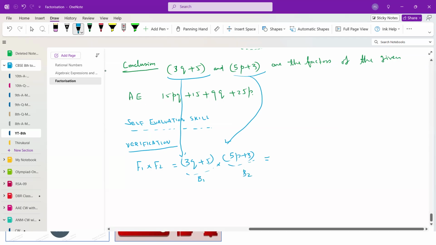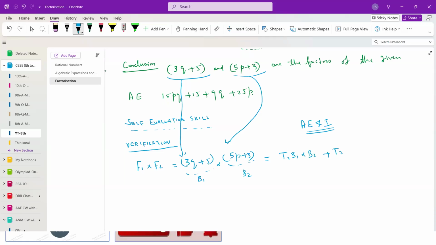So as per your skill, whatever you learn from your algebraic expressions and identities chapter, you need to use that. Binomial 1 into binomial 2 is term 1 of binomial 1 into binomial 2 plus term 2 of binomial 1 into binomial 2. What does it mean? Term 1 of binomial 1, what is this? This is 3q.